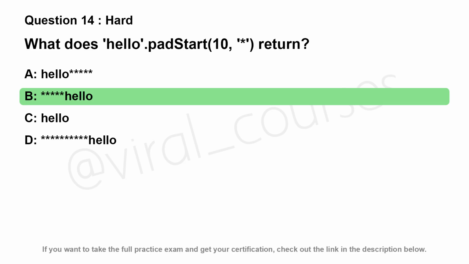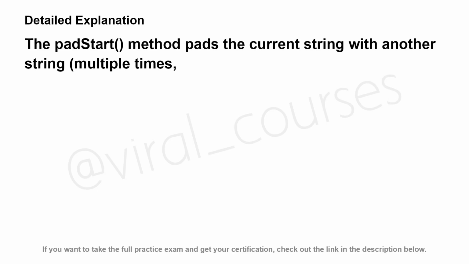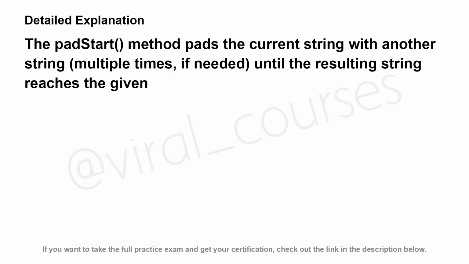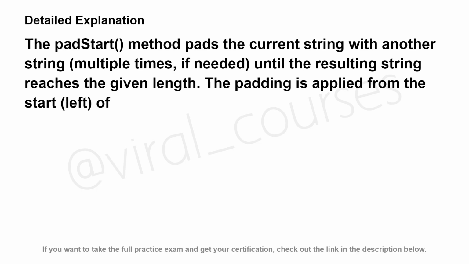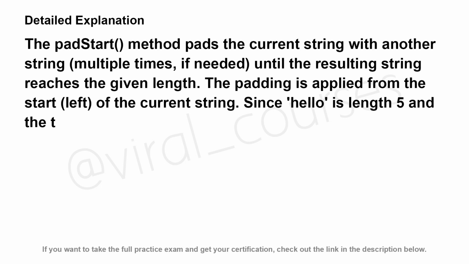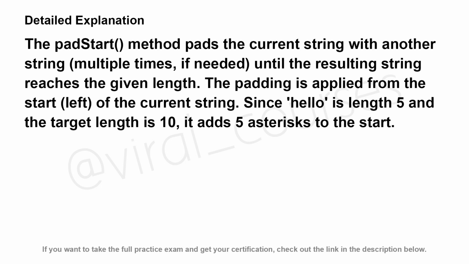The correct answer is B. The padStart method pads the current string with another string multiple times, if needed, until the resulting string reaches the given length. The padding is applied from the start, the left, of the current string. Since hello is length 5 and the target length is 10, it adds 5 asterisks to the start.